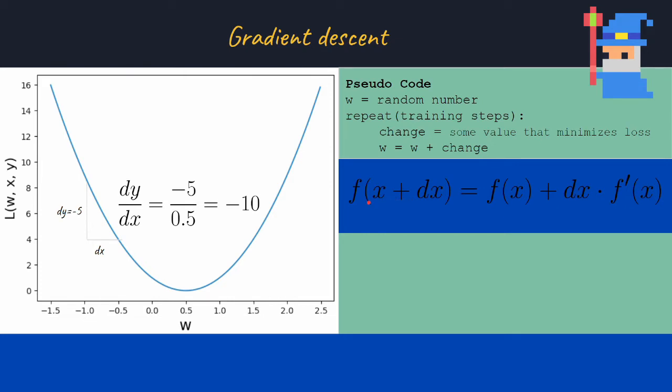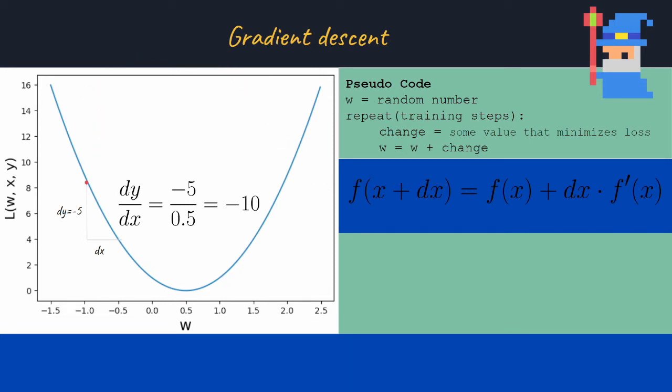So if you look here, for some f of x plus dx, being a small change we make. Here dx is 0.5, so we change it by 0.5. That's not a small change, but it's just for visualization's sake. Then what we want to know is, what is the change we get in the loss function when we change the weight? So this basically translates to, if you change the x, so this should be the w, by a really small amount, we're going to have f of x, which is this one.